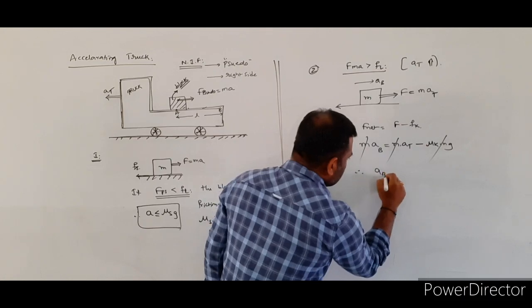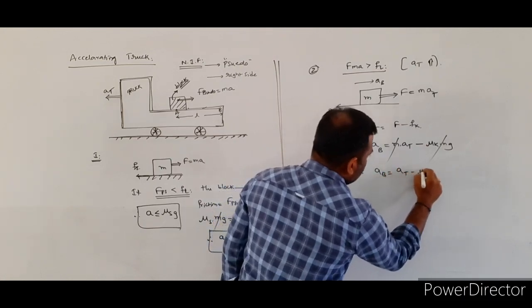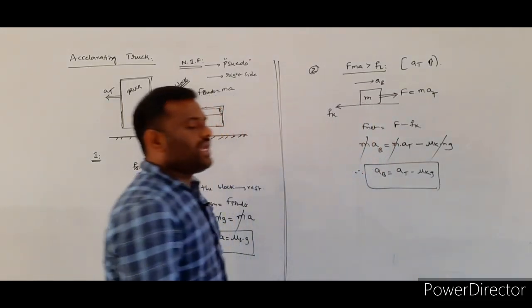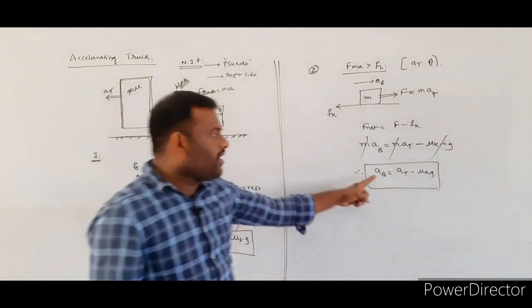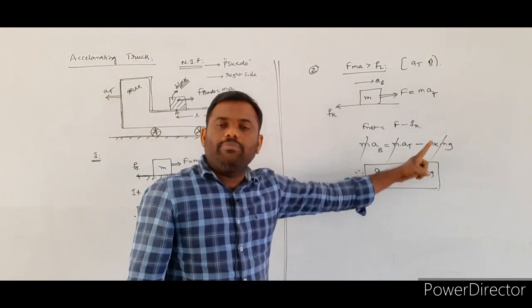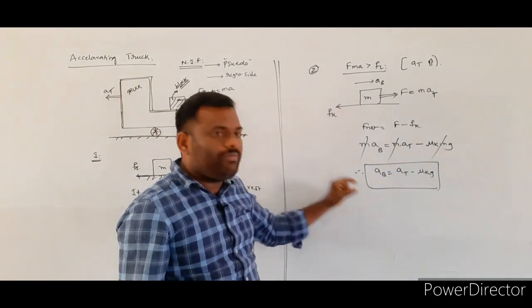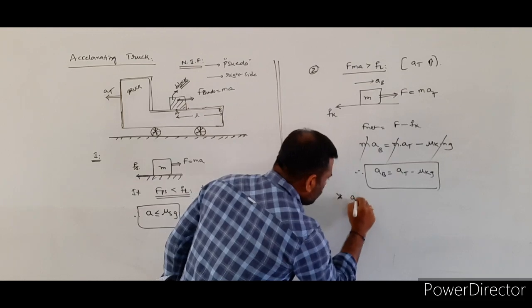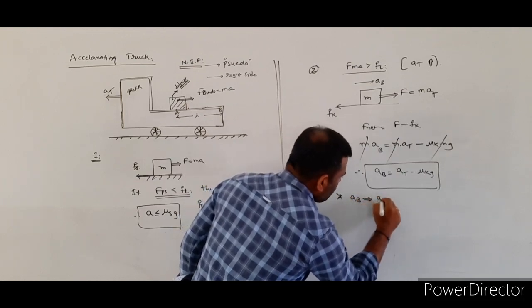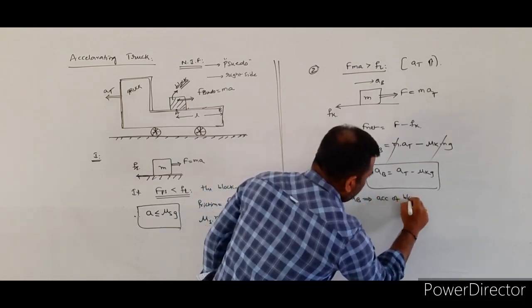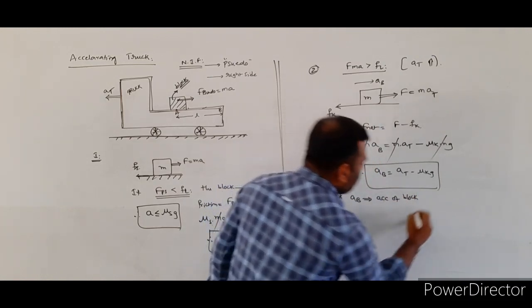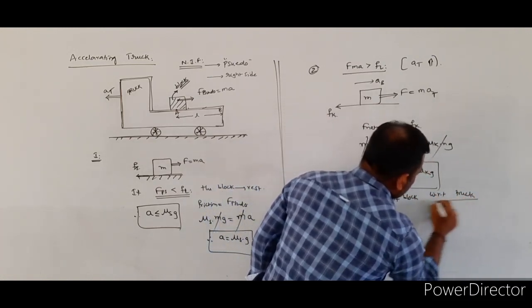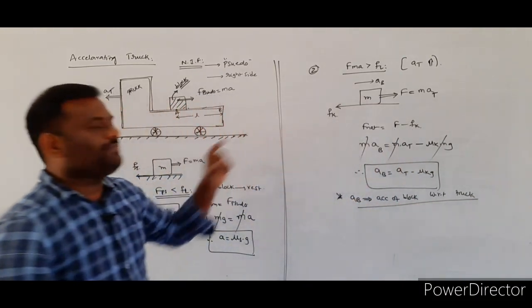Therefore, the acceleration of the block is equal to a_t minus mu k into g. What is a_B indicating? Here a_B denotes the acceleration of the block with respect to the truck, with respect to the contact surface where it was placed.